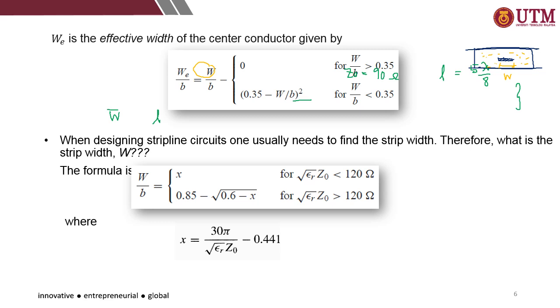Okay, so the effective width can be calculated by using this equation, and B again is equal to H, the thickness of the overall structure.